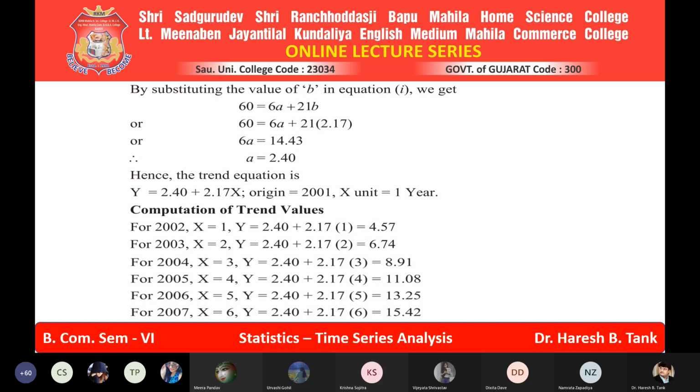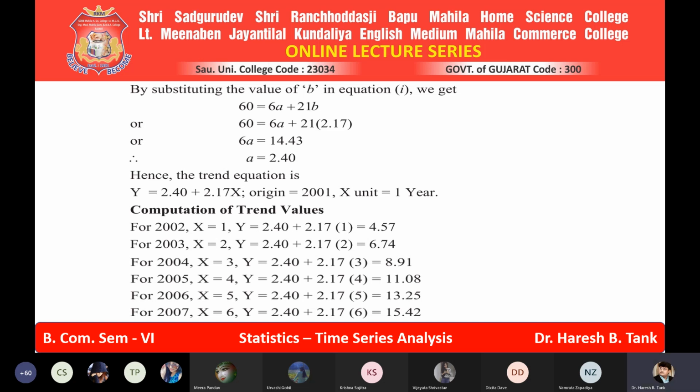Make a column of trend values, and the title of that column is YC, meaning Y calculated. That becomes a trend value. Against 2002, y is equal to 2.40 plus 2.17 in a bracket 1, simplified it comes to 4.57. So 4.57 will be the first entry in that column.